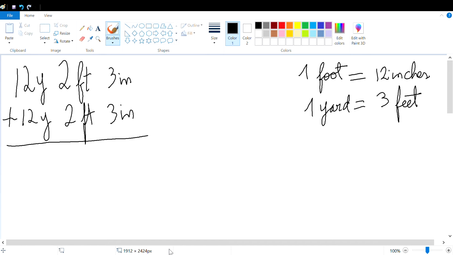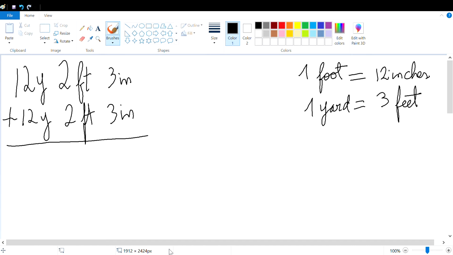I repeat the problem. A boy hit a baseball and it went 12 yards, 2 feet, and 3 inches. How far would the other boy have to run if he ran to get the ball and then run back to the base with it?